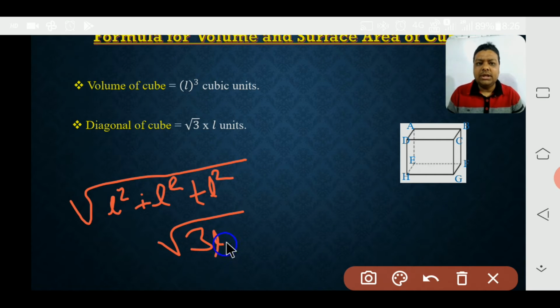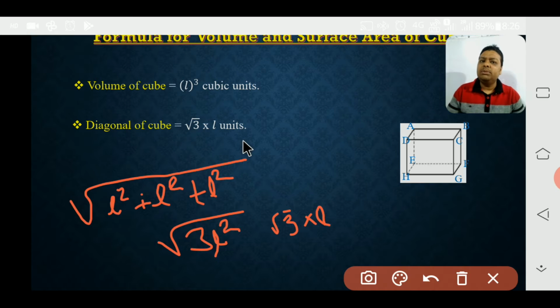Okay. So you can see that L square we can take out because it has a power. If we take it out from the root, then the power will finish. So only 3 will be in the root and L will be outside. You can see the same formula. It means we have created this formula by using the previous formula of the cuboid.